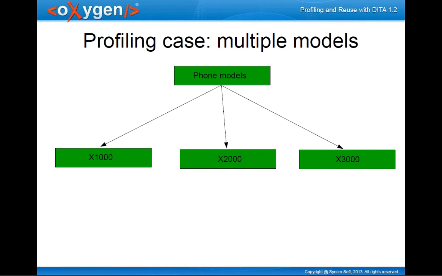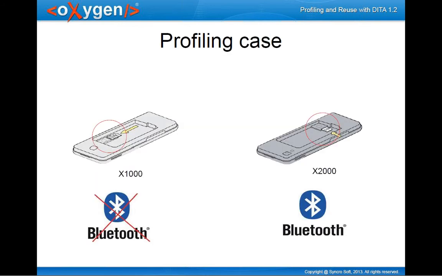Some of these changes are the fact that the SIM placeholder was changed from one version to the next. I've also used color codes here so you can get a better idea about each model. You see the X2000, it's a darker gray. And also the Bluetooth feature is only available for this phone model.